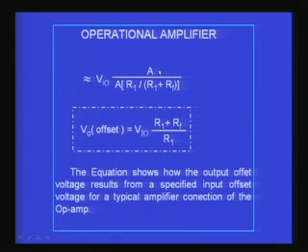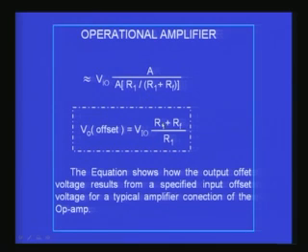This output voltage is what we call the output offset voltage. Therefore, in the next equation I have written VO offset is nothing but VIO times (R1 plus RF) by R1, because the two A's will cancel and the denominator goes to the numerator.